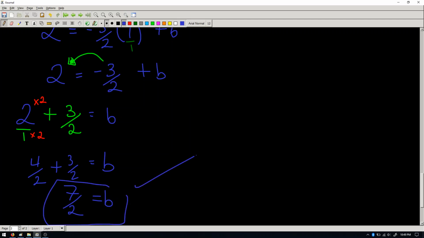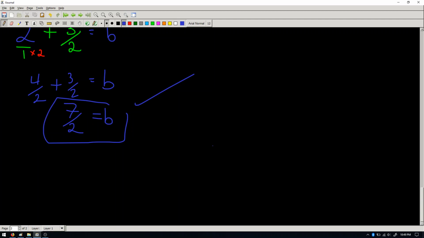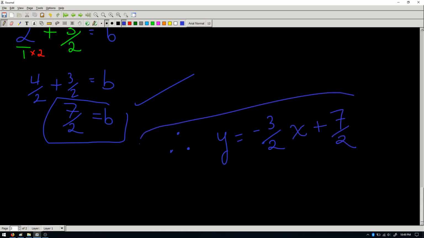Now, I have b. I have m. So my equation, folks, is y equals negative 3 over 2x plus 7 over 2. There you go.